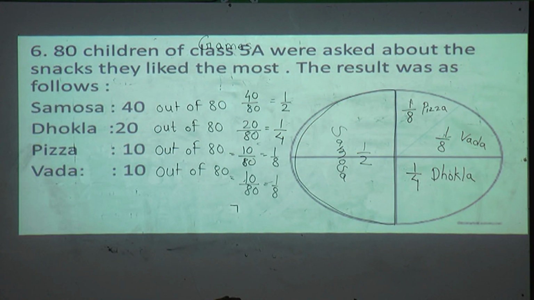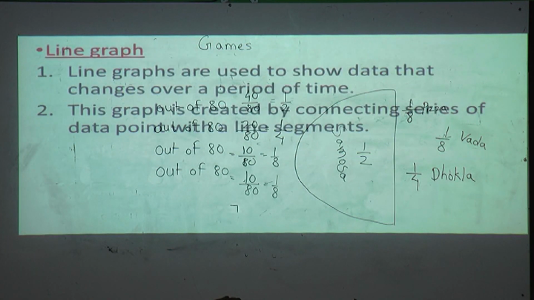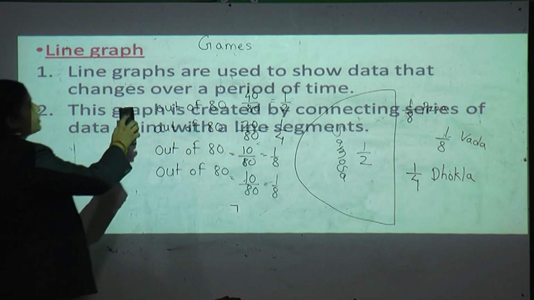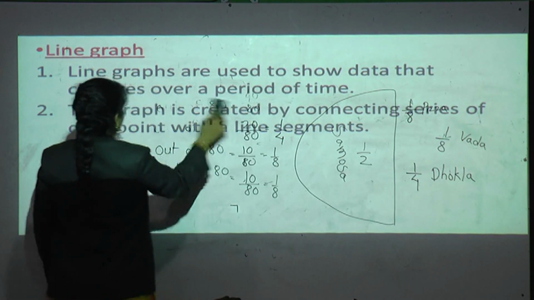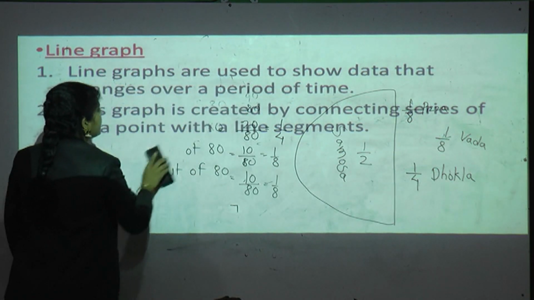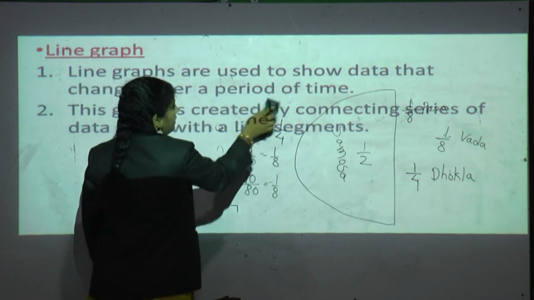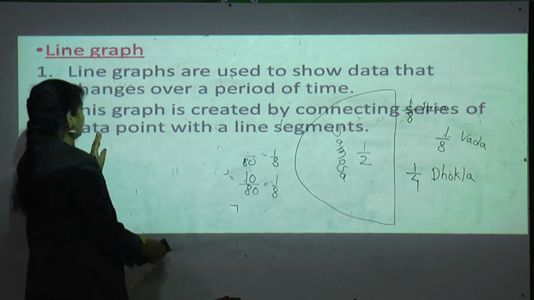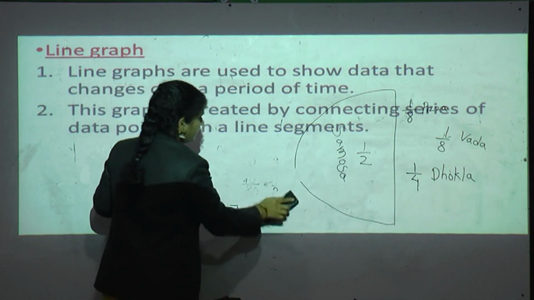Okay. Now students, we will see the line graph. Okay. See here, line graphs are used to show data that changes over a period of time. This graph is created by connecting a series of data points with line segments.